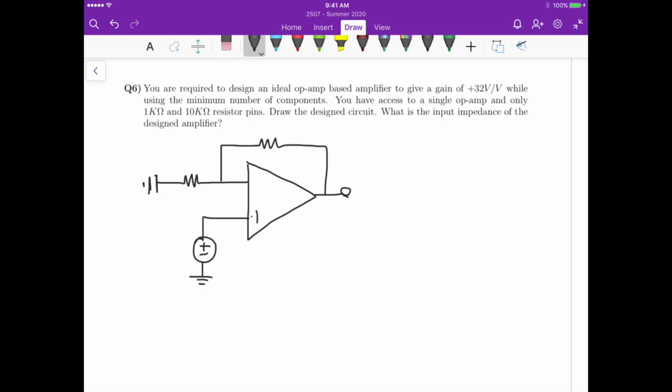This is the non-inverting input, this is the inverting input. We can call this R2, we can call this R1.